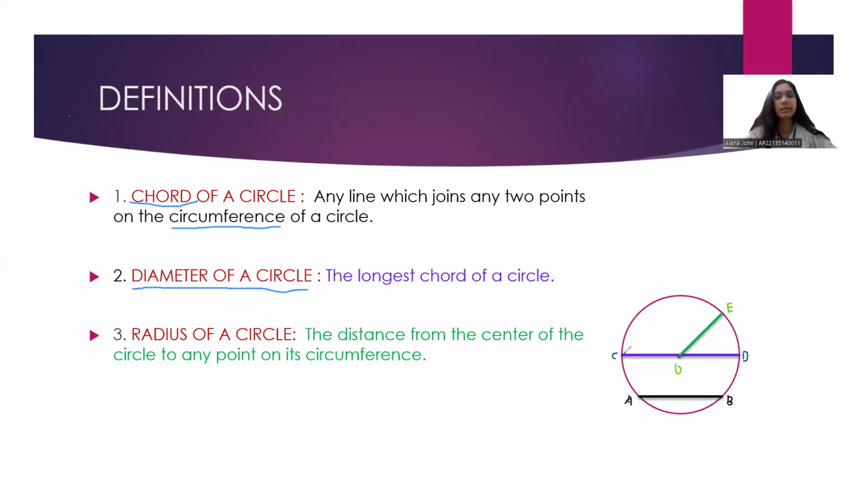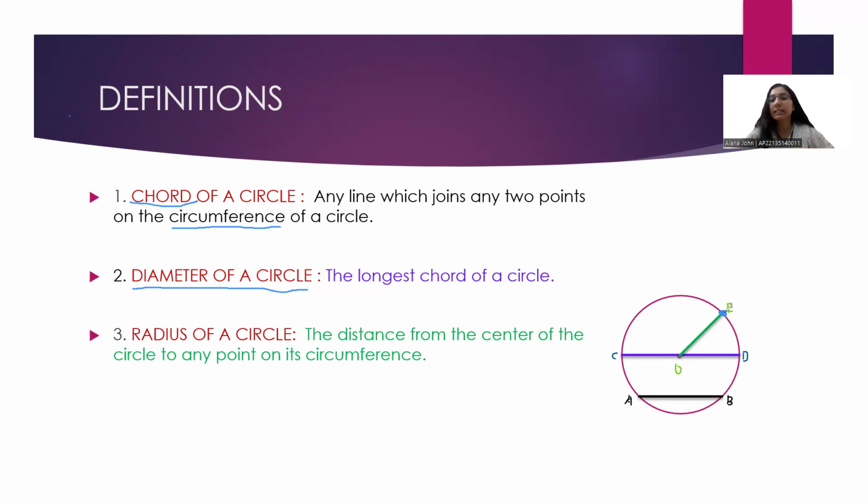Now, suppose we are taking the center of the circle. Here the center is taken to be O. And we are taking any other point on the circle, say the point E. Then if you are joining the center to the point E, this line represents the distance from the center to the point E, right?